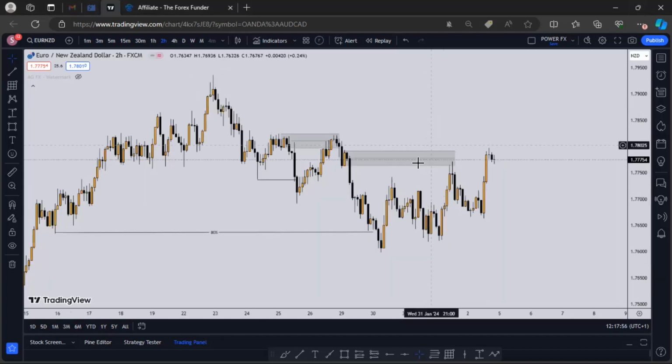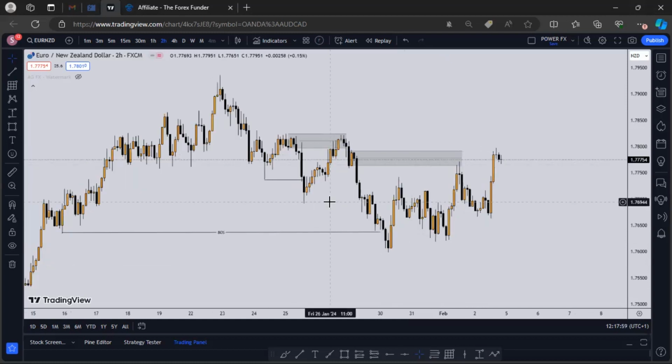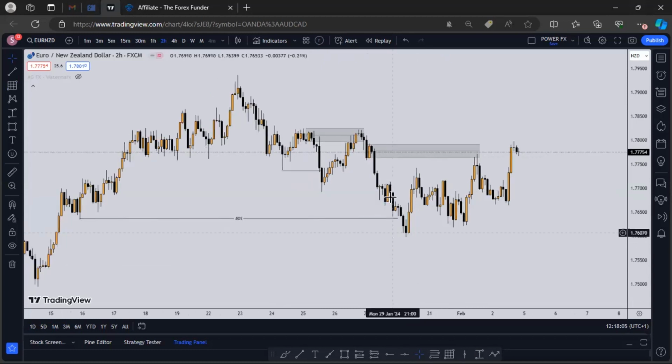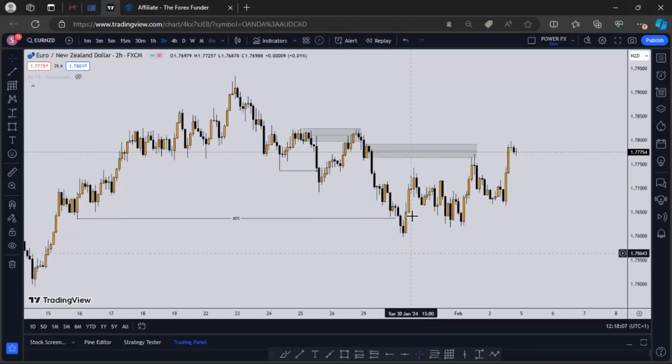This is another block that caused the break of structure and the break of this overall low here. When price rallied all the way to the upside, here was an inducement. Price rallied, cleared out this inducement, and mitigated on the order block.